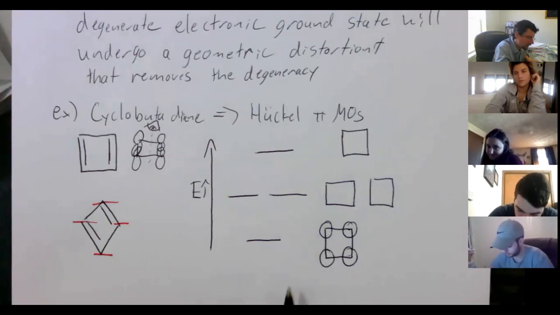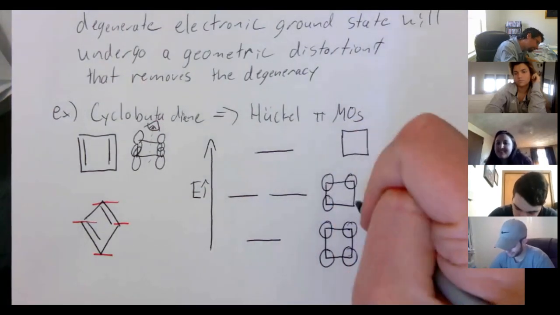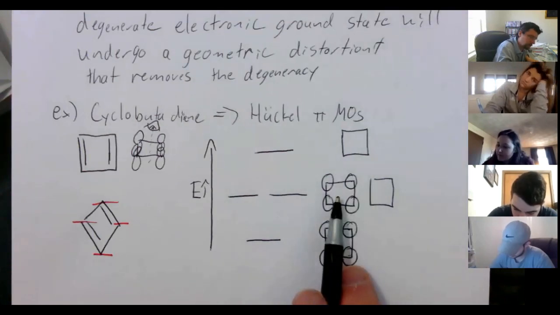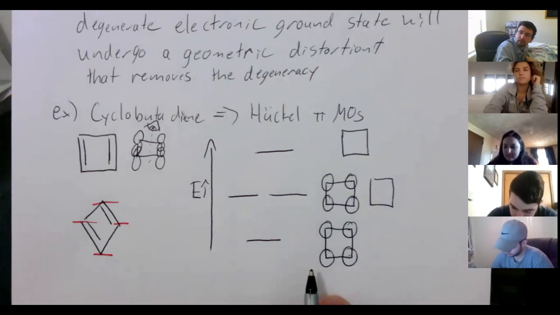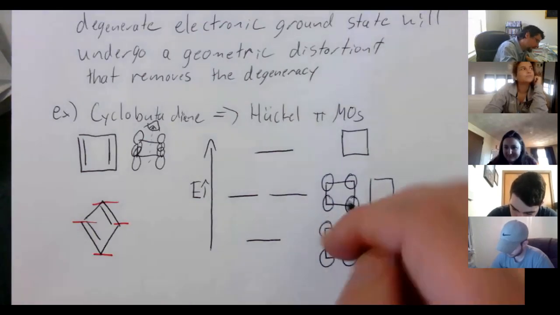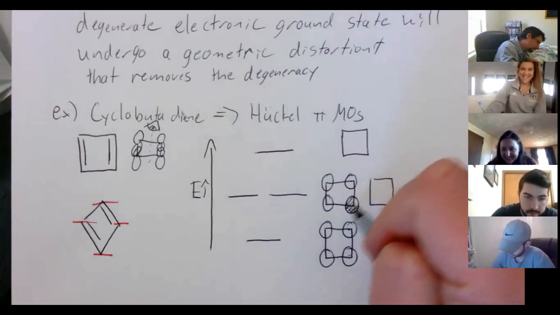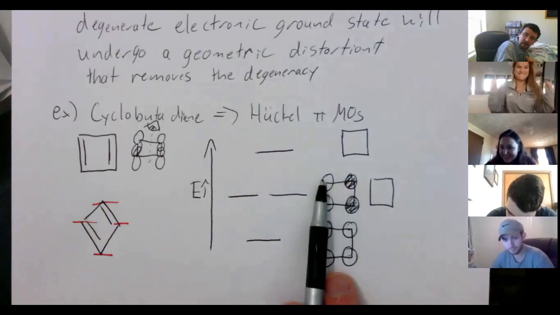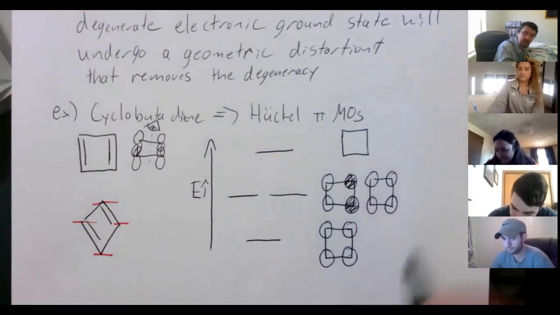This is completely bonding. They're happy. What about the next one? We're moving up in energy, which means we're introducing a node somewhere. What's this one going to look like? A pi star. Yeah, it is a pi star. It's out of phase across this way. What about this guy? It has to be degenerate, remember, meaning they're the same energy.